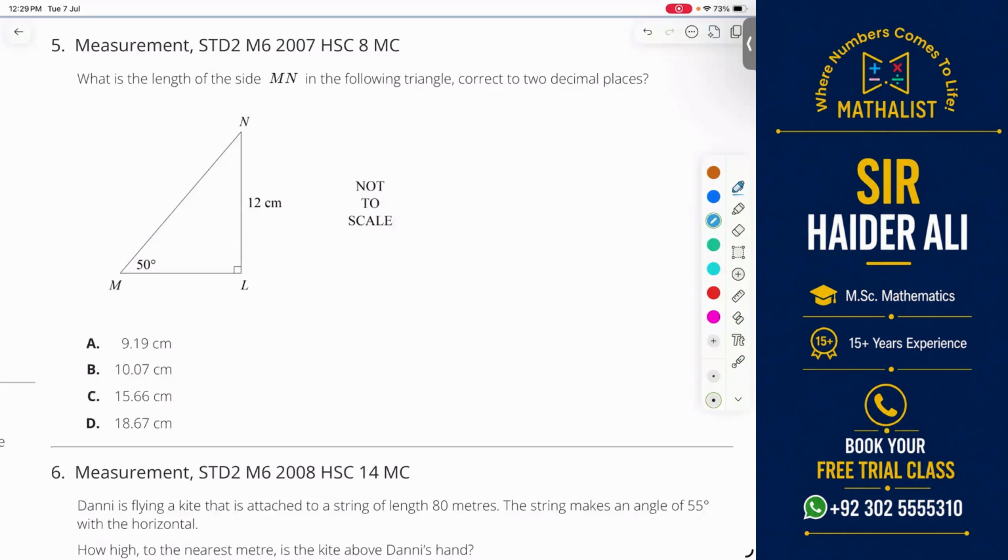Will I use the sine formula? What you want to find depends upon you. Yes, accurate, do it. Okay.